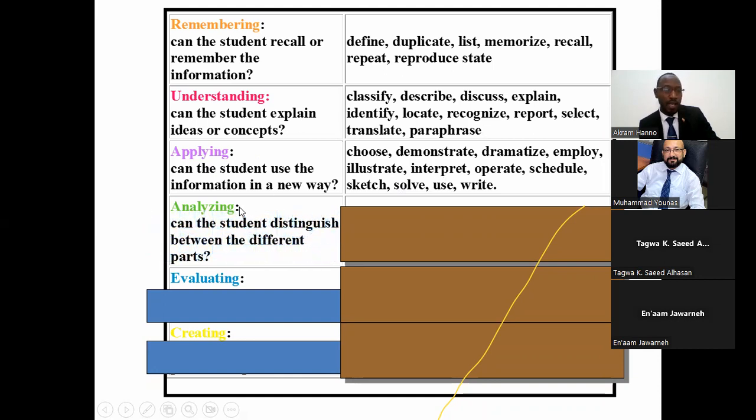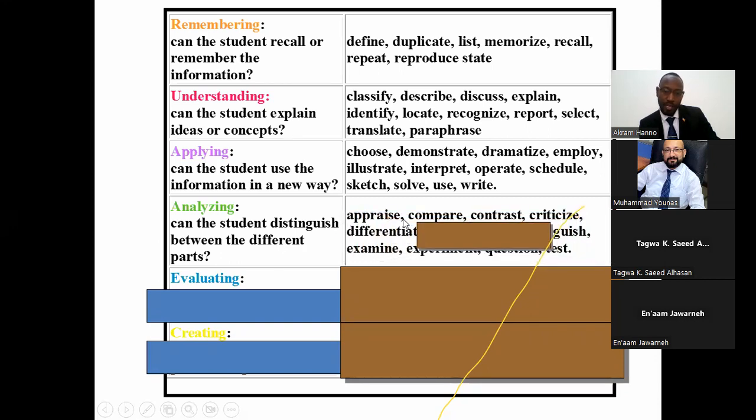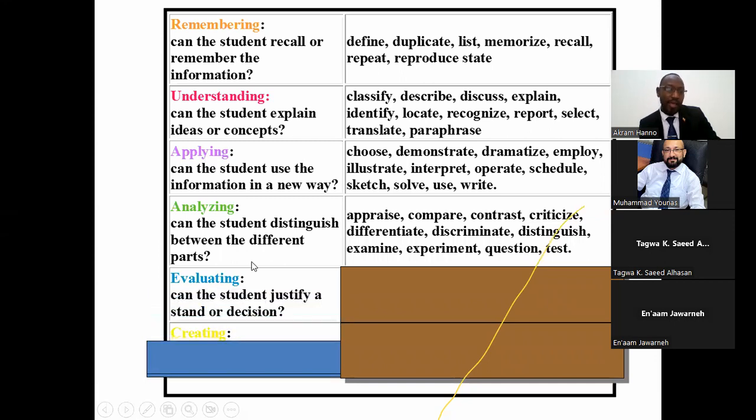Analyzing: can the student distinguish between the different parts? Like appraise, compare, contrast, criticize, differentiate, discriminate, distinguish, examine, experiment, question, and test. Can the student justify a stand or decision?